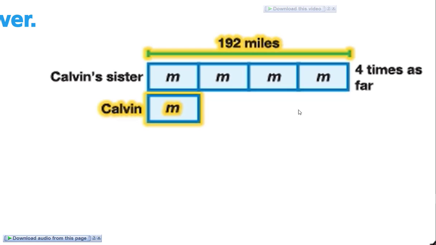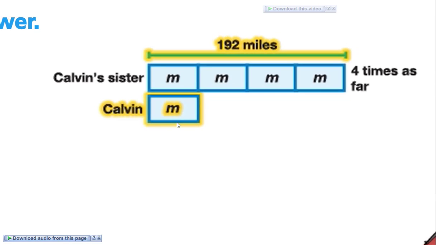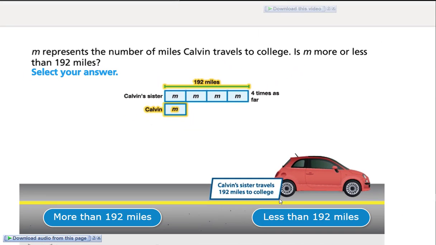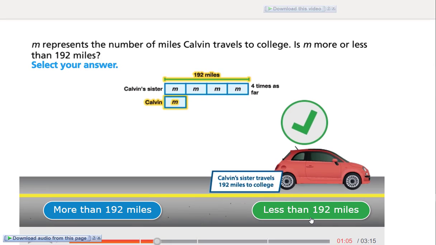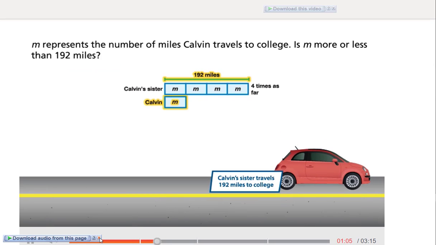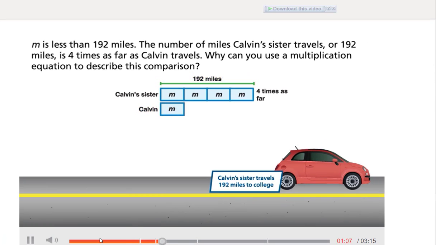As you can see in the bar diagram here, 192 is this line segment, and m is this block, the small rectangle in here. So it's less. Thank you. m is less than 192 miles. The number of miles Calvin's sister travels, or 192 miles, is 4 times as far as Calvin travels.